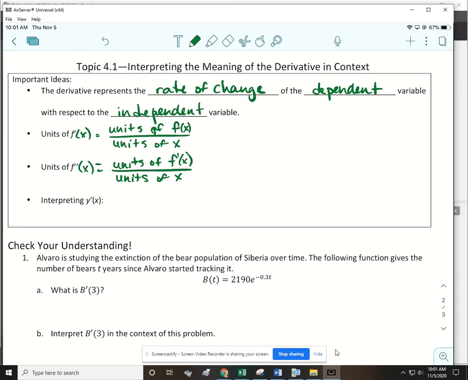All right, and then for interpreting it, what we would say is at x equals blank, and it might be t equals blank. It just depends on the context of the problem. The blank is increasing or decreasing, so you have to determine that yourself.